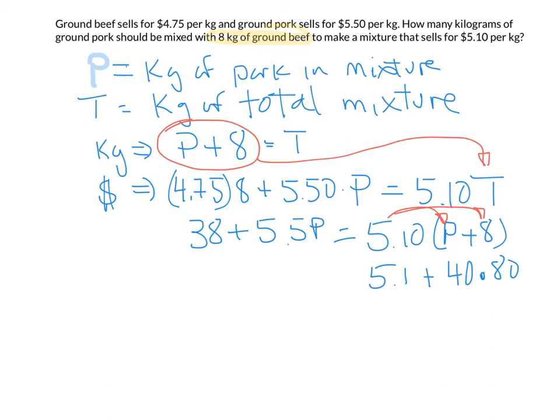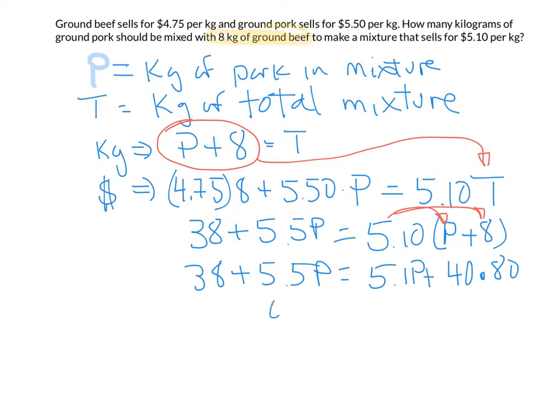So we've got 38 plus 5.5p equals 5.1p plus $40.80. So let's see, subtracting 5.1p from each side is going to leave us with 0.4p on the left side.